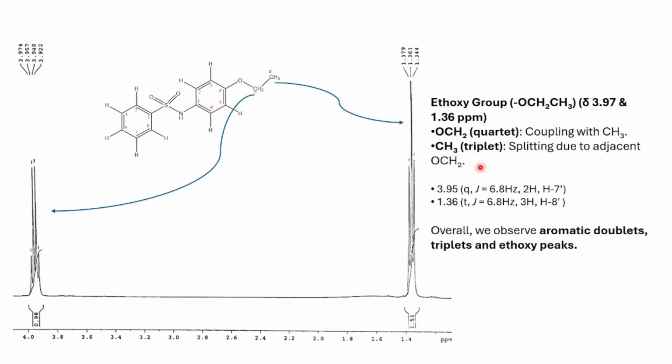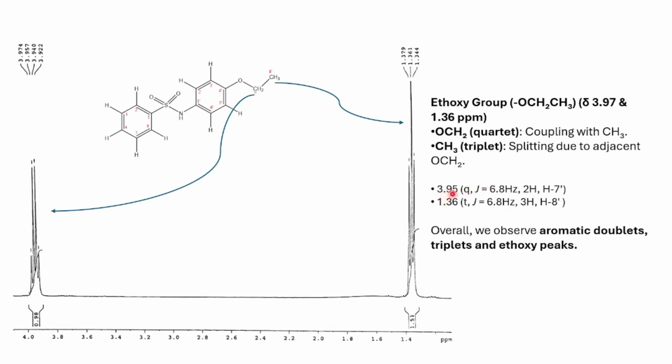The ethoxy group appears at 3.97 and 1.36 ppm. The methylene oxy group appears as a quartet due to coupling with the methyl group, and the methyl group appears as a triplet due to coupling with the methylene.